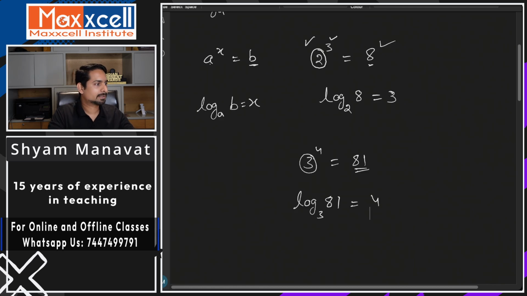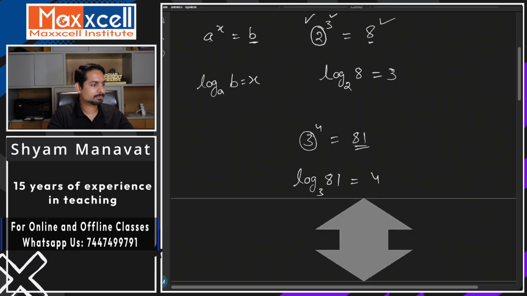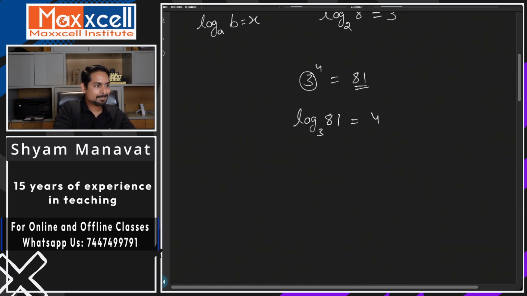Understood? Okay, let's do the other way around. Let me ask you one question. If I write log of 216 base 6, what should be the outcome of this?